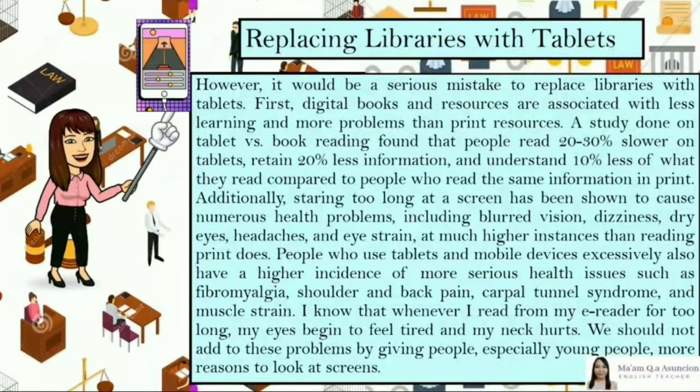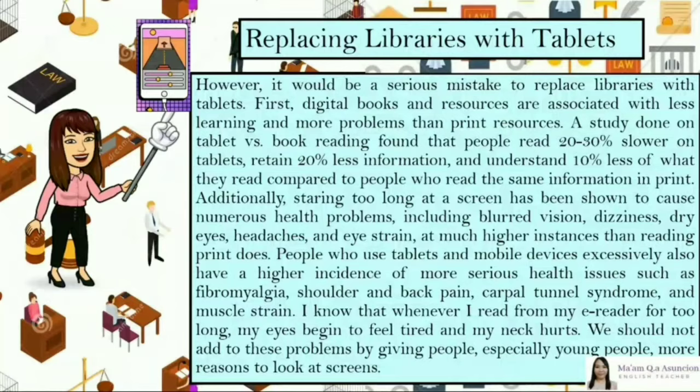A study done on tablet versus book reading found that people read 20 to 30% slower on tablets, retain 20% less information, and understand 10% less of what they read compared to people who read the same information in print.